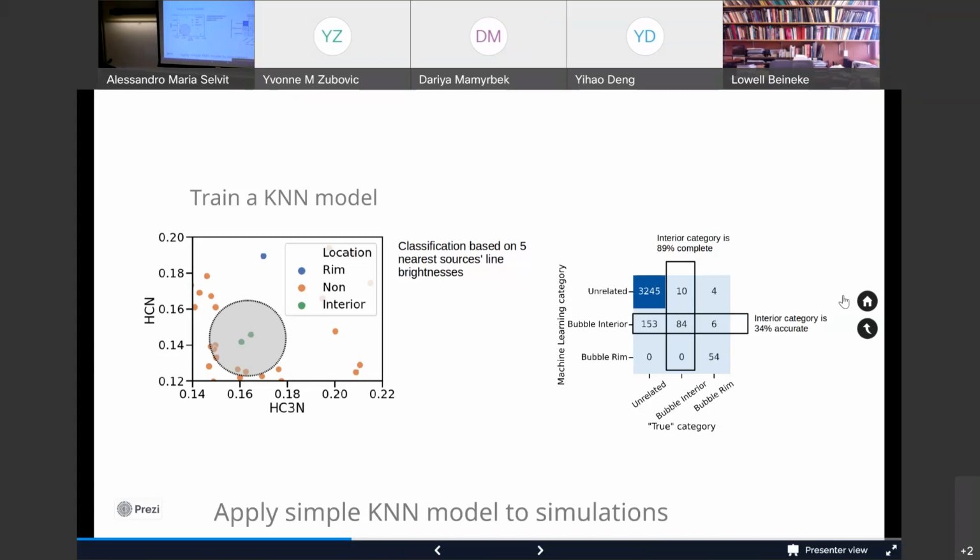So there may be many other types of environments where you would have a combination of high density and strong UV light over a long enough time period to produce these interesting molecular lines. That sort of environment would then be predicted by the machine learning model as interior, even if it's not created in a windblown bubble. So in a sense, these 153 sources here might be the most interesting sources to look at, because they may tell us about other environments where the unusual combination of high density and strong UV light is doing something fun.